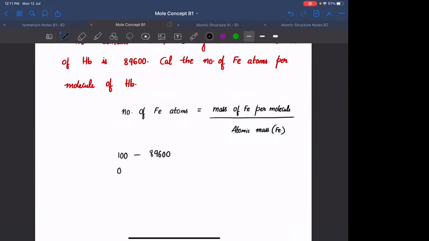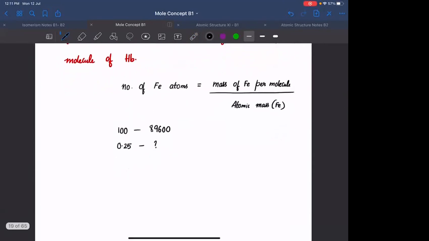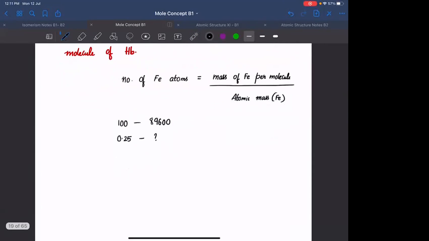But it is not 100%, it is only 0.25%. अगर 100% के लिए 89,600 है तो 0.25% के लिए कितना होगा? Unitary method. 0.25 upon 100 into 89,600. Any doubt, anyone?